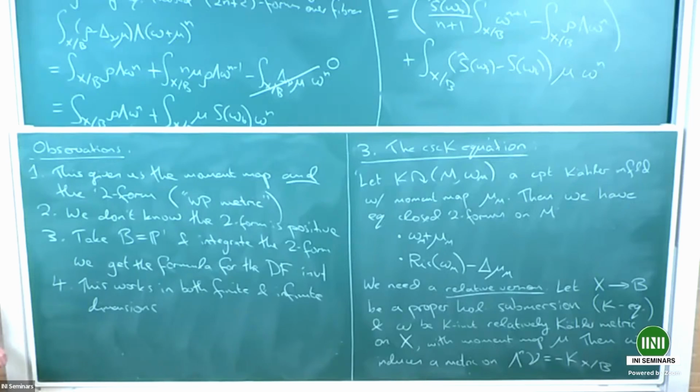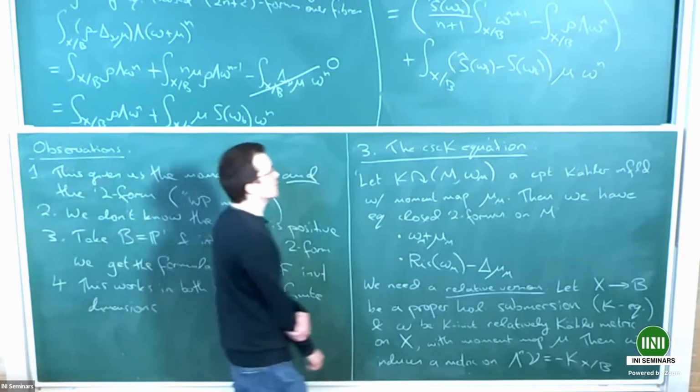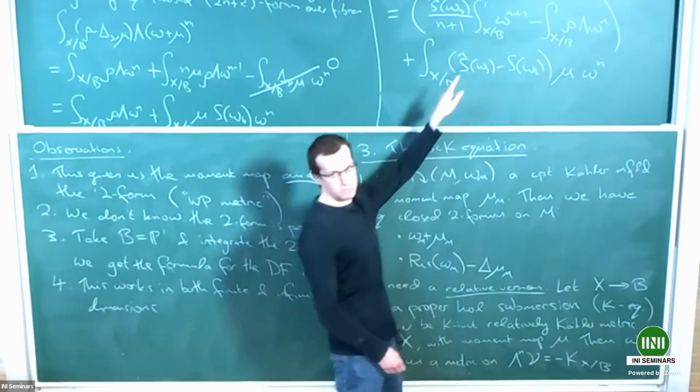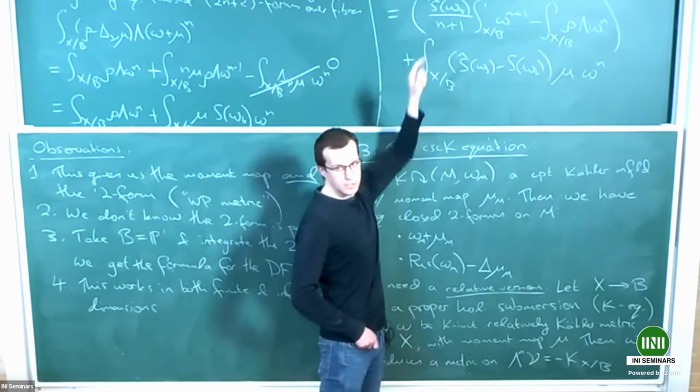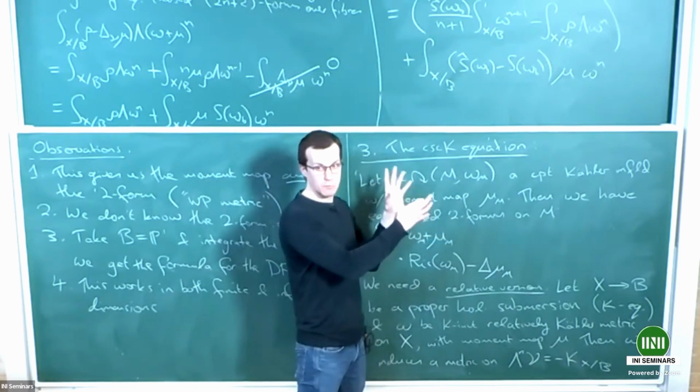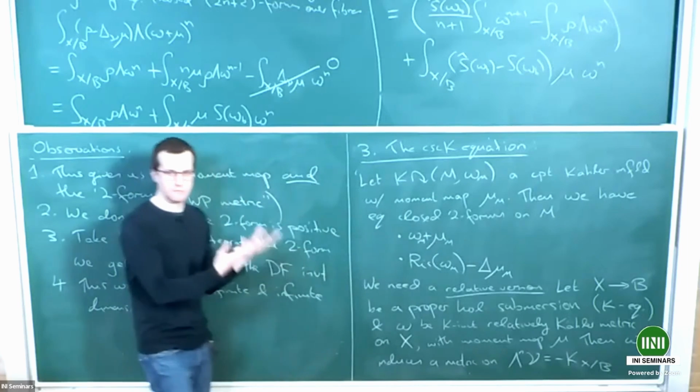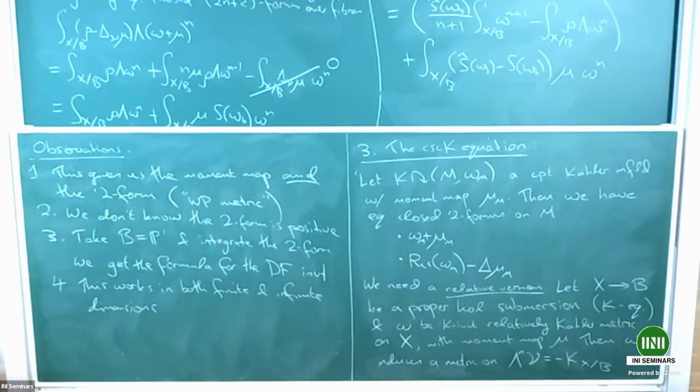So you're integrating just the part in the bracket of P1. Yes, exactly. When I take B equal to P1, this is a two form on P1. So when I integrate that over P1, it's the formula for the Donaldson-Futaki invariant. If I genuinely did have a smooth test configuration, then that would be the Donaldson-Futaki invariant of that smooth test configuration.